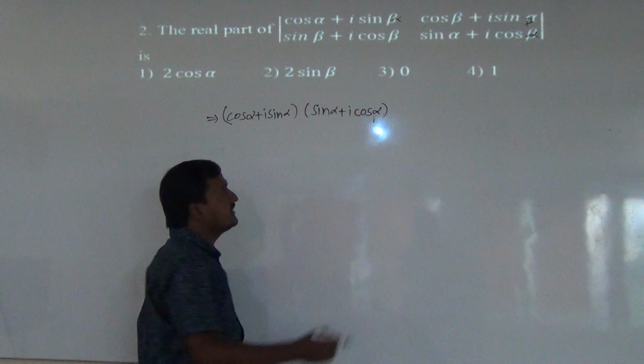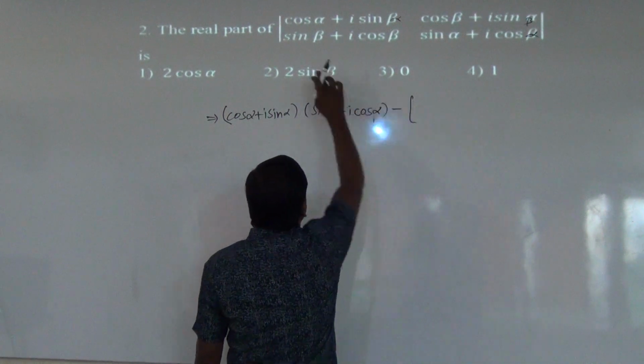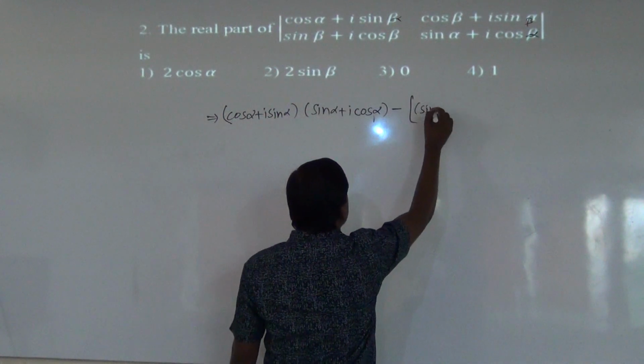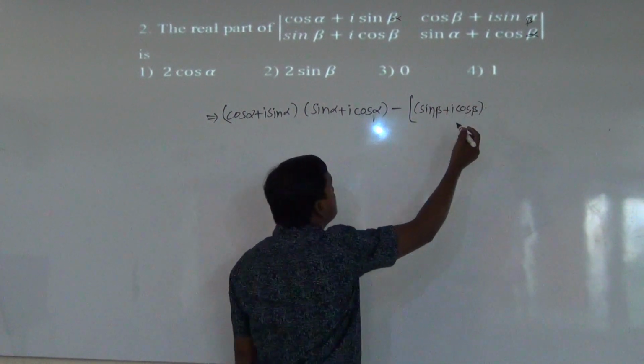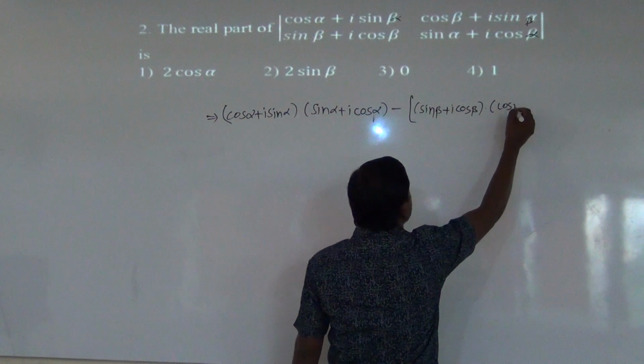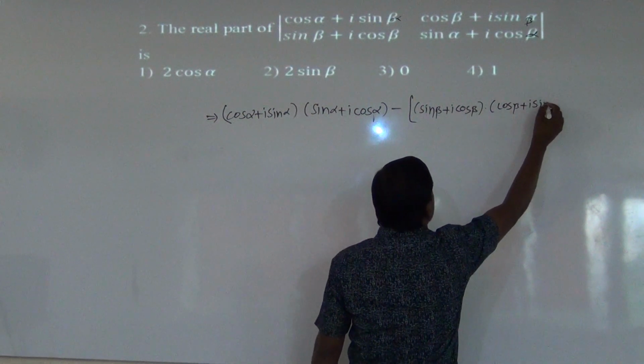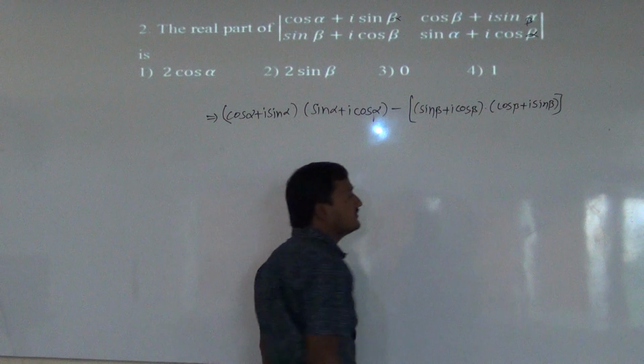So we write cos alpha plus i sin alpha into sin alpha plus i cos alpha, minus sin beta plus i cos beta into cos beta plus i sin beta. Simplify this.